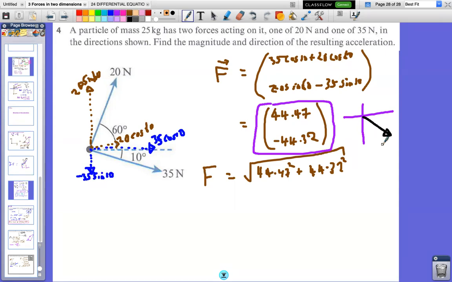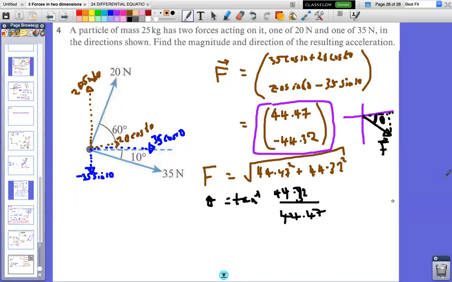That is our net force. Okay, so it's always good to have this sketch. And so you have this component and this component. So you need to now calculate this angle, theta. So the angle theta will be tan inverse of 44.32 divided by 44.47.